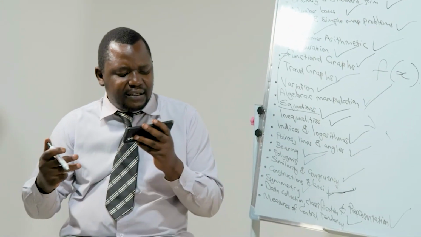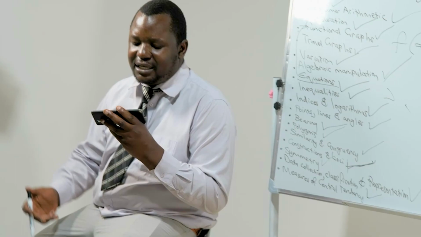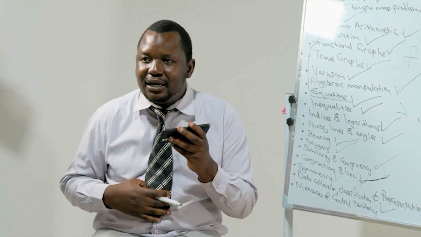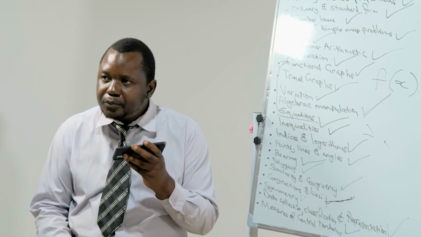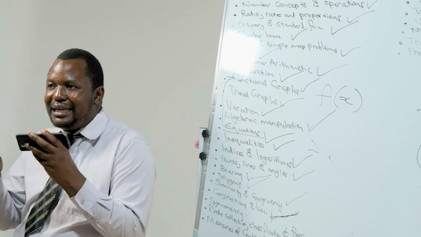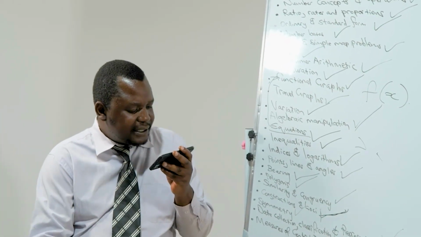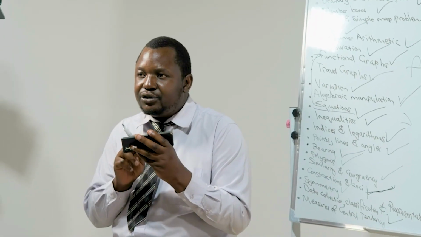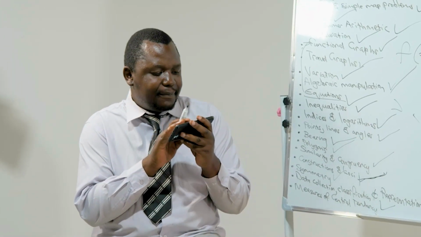So the first objective with regards to trigonometrical ratios is as follows. We need to find the sine, cosine, and tangent of acute angles. We need to find the sine, cosine, tangent of obtuse angles. We need to solve problems involving right-angled triangles in 2 dimensions.